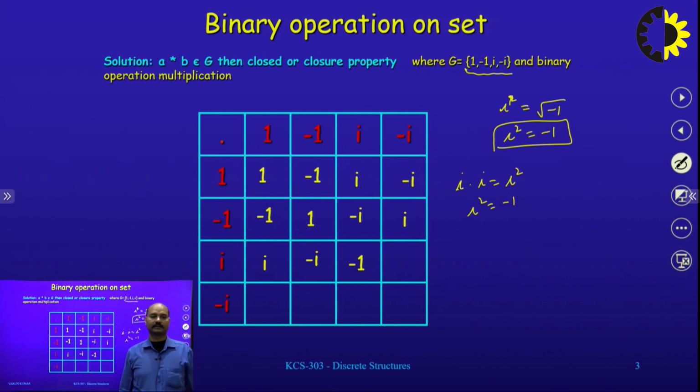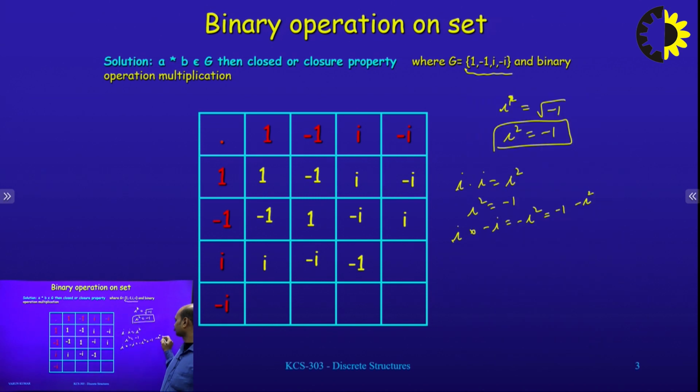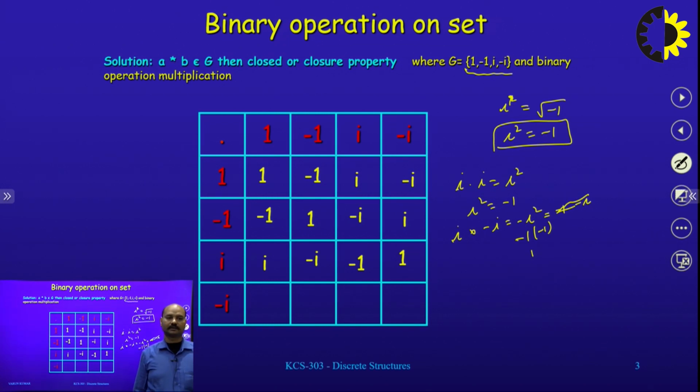We know that i square is equal to minus 1, so minus 1 is the result. Then i multiplied by minus i becomes minus i square, and i square is minus 1, so minus 1 times minus 1 is 1. So the result is 1.